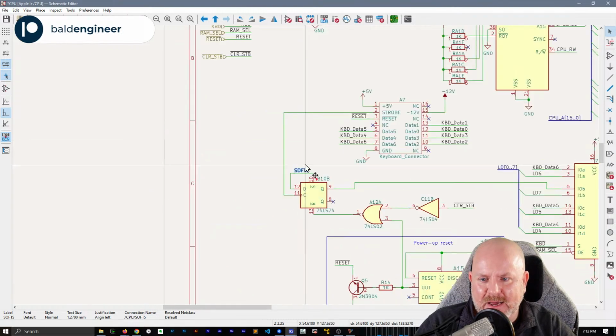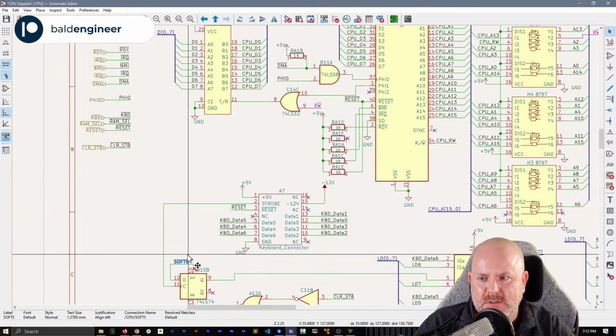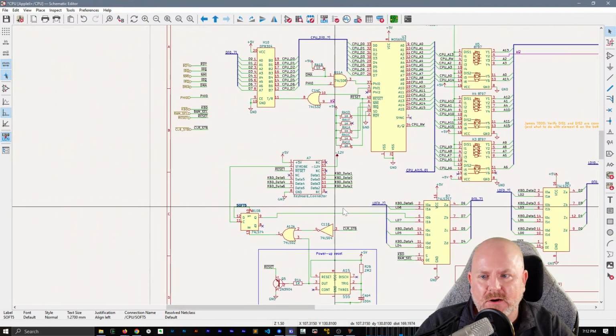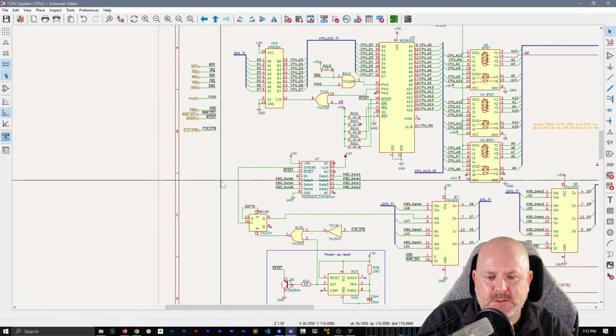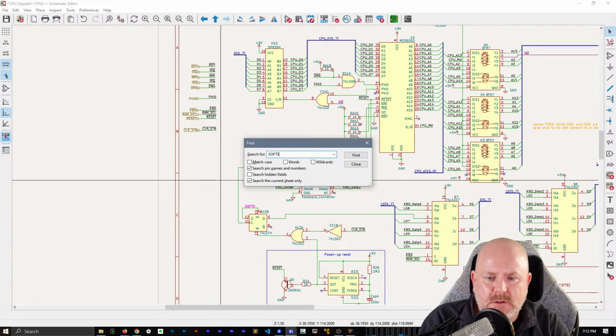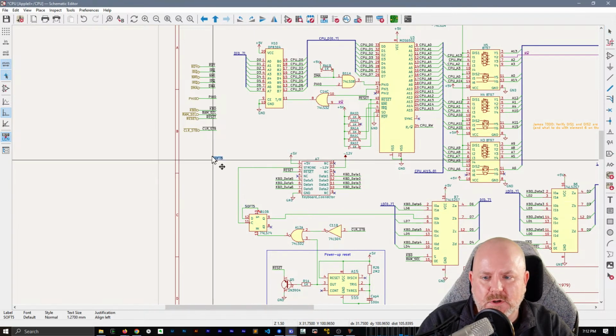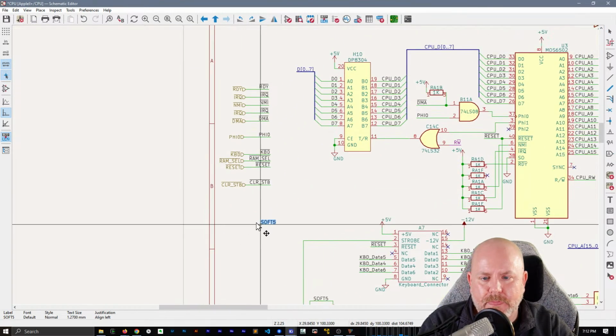So soft 5, is there a hierarchy label for soft 5 on this page? No. So there should be.